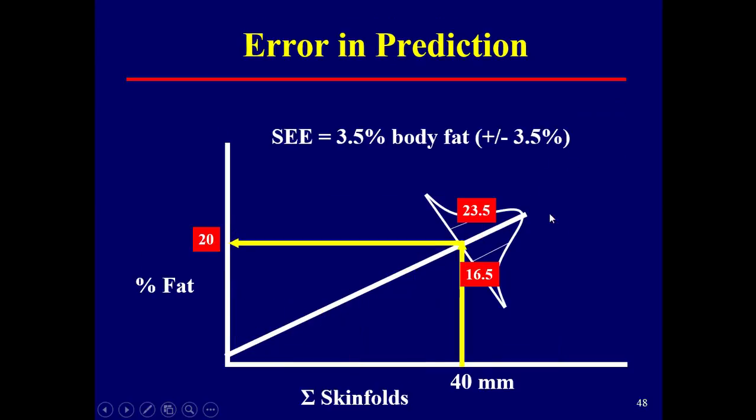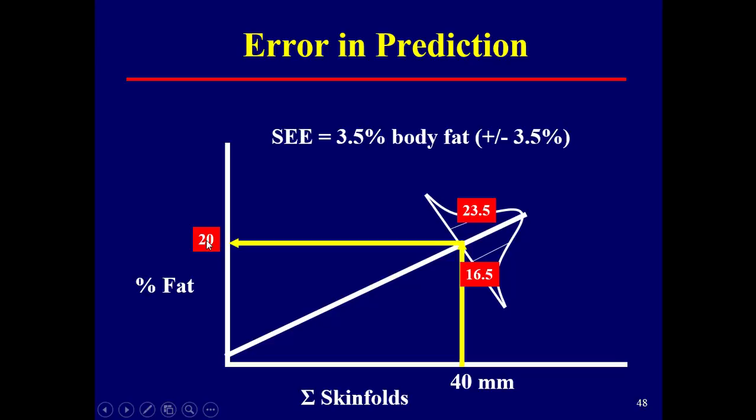So moving on here, this is actual data. We know in general across many studies that if you sum skin folds together, maybe take a sum of 3 different skin folds measured throughout the body, and let's say in this case that you measured and summed those skin folds up and they were 40 millimeters, we could see here that based on that, and this line of prediction, which has been drawn based on many, many subjects, we would predict your body fatness to be 20% body fat.